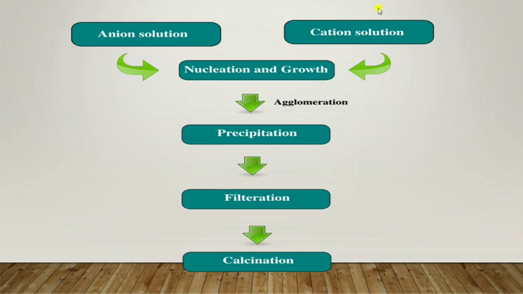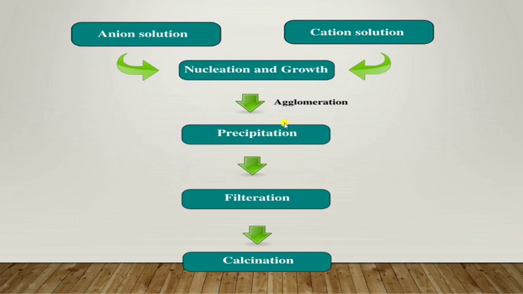When we mix these two solutions, the positive and negative charges attract each other and form the nucleus, which is followed by the growth of that nucleus. Then the process of agglomeration takes place and the precipitate forms.